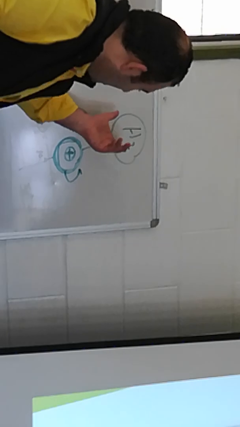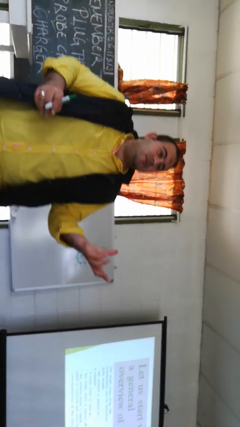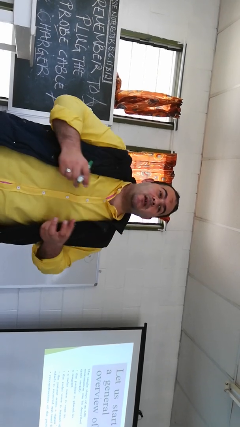So now, hydrogen is a proton, okay? This proton has a positive charge. Positive charge is current. This current moving around its axis, so it has a magnetic field.